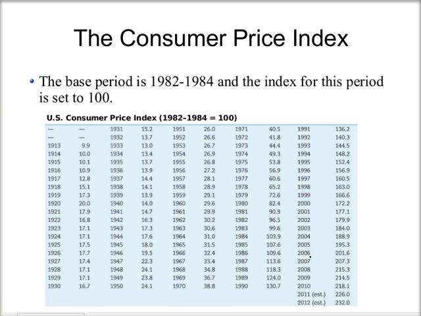Now if you look at the year 2006, you can see that the Consumer Price Index for 2006 is 201.6. So this means that goods in this period cost 201.6% of what they cost in the base period. So the cost of goods about doubled from 1982 to 1984 to 2006.